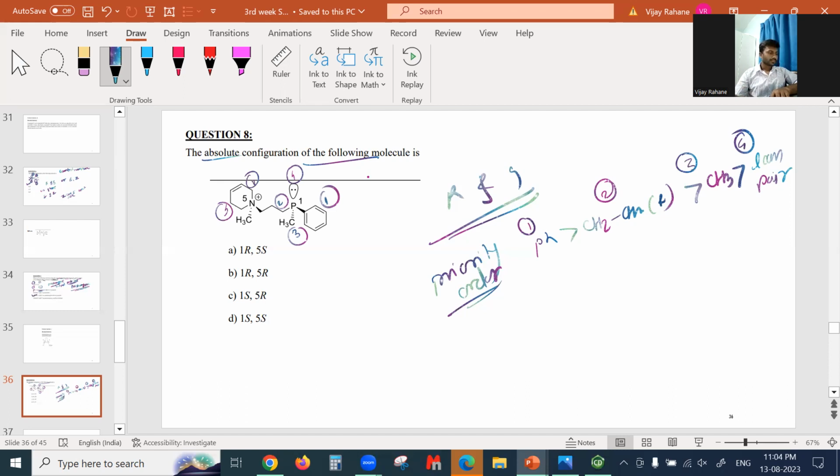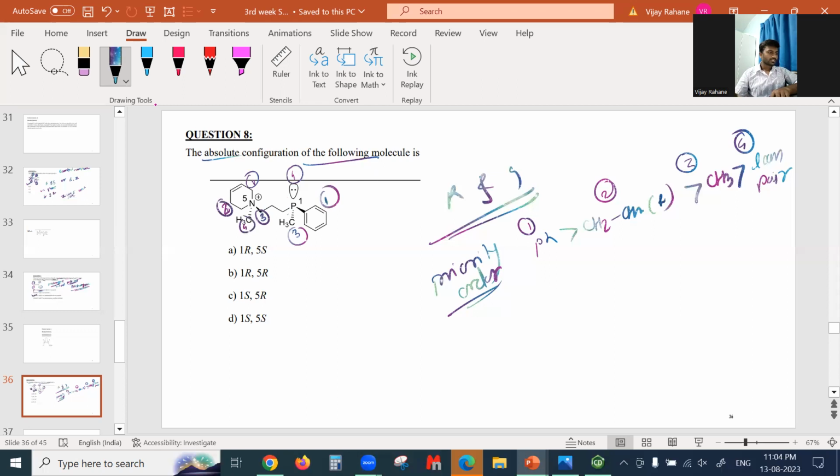Sorry, here, 1, 2, 3. The third carbon atom should be the double bonded carbon atom, with one carbon atom in between. 1, 2, 3, and methyl will be the fourth priority.